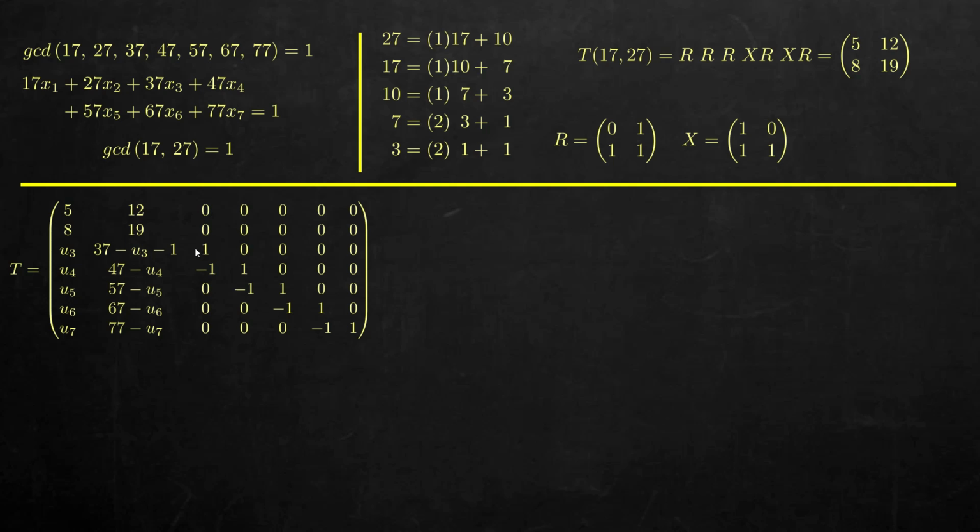We have our B matrix here, and here we have some free variables such that the sum of the rows correspond to 37, 47, 57 up to 77.